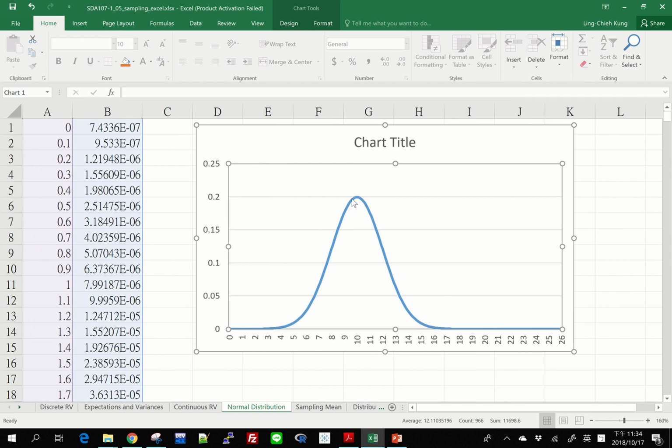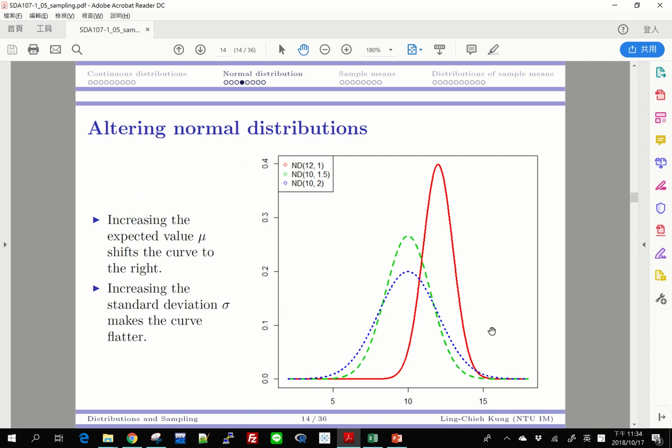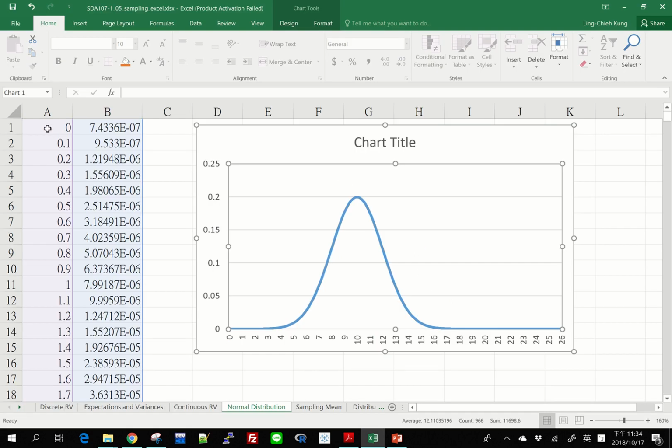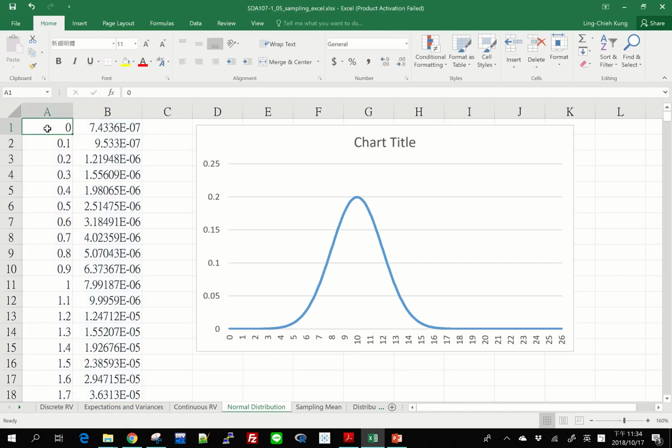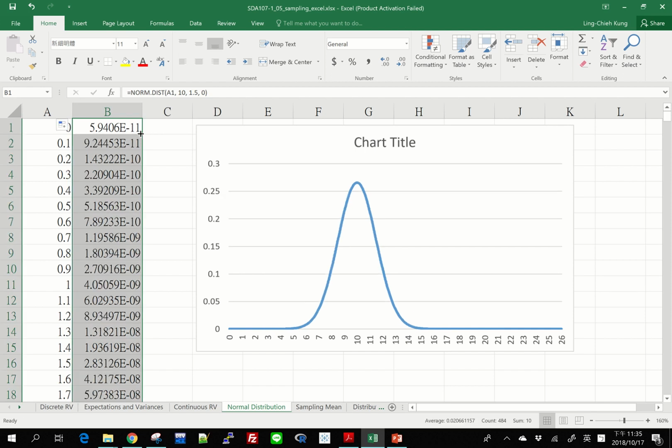We can also see that, wow, indeed, it is almost identical to the curve that we observed from the slides. So how about we get the green one? The green one is also easy to get. All we need to do is change the standard deviation to 1.5. Here, everything is with about 2, so let me change it to 1.5, and then remove everything.